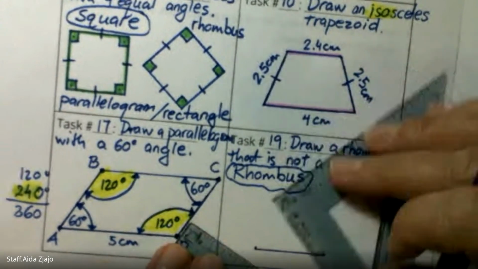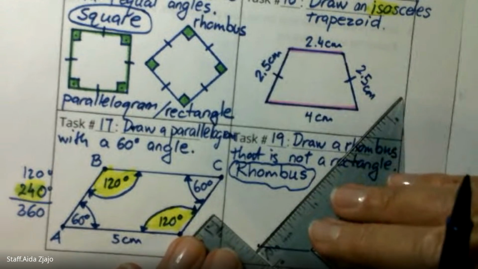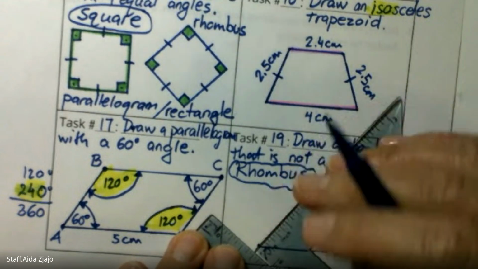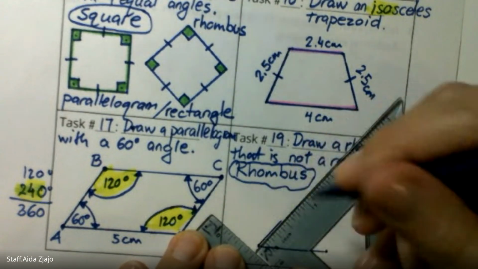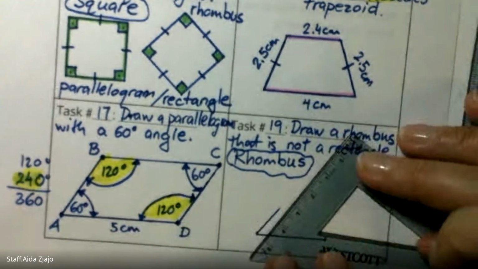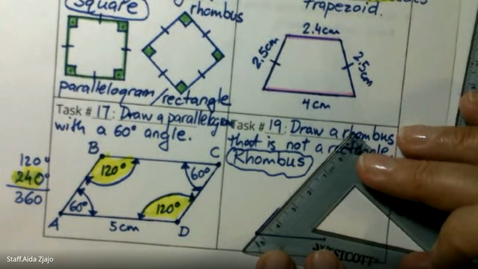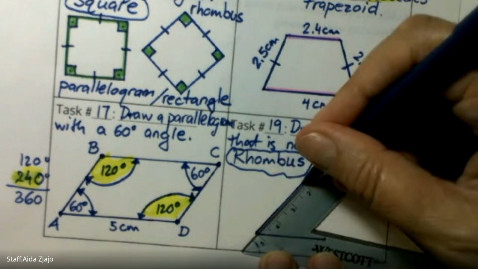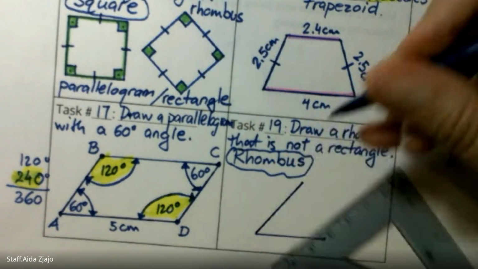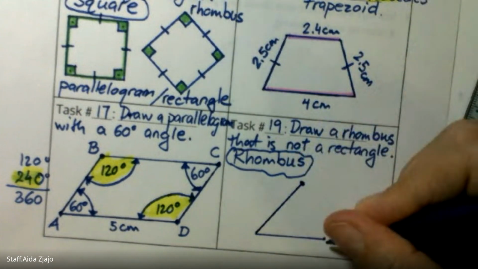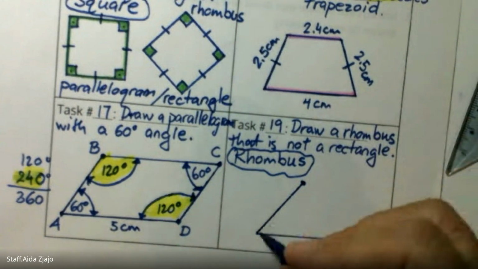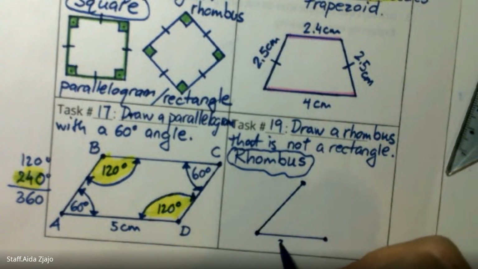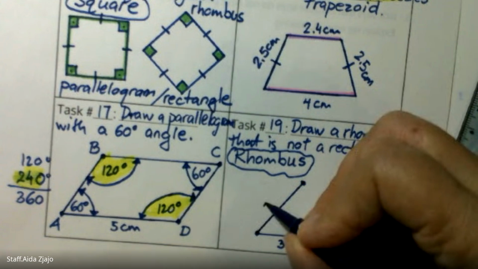I can also do any angle that I wish. So I'm just going to do this right here, but now I'm going to measure 3 centimeters. All right, so 1, 2, 3, 3 centimeters. And I have two adjacent sides of my rhombus, and this is 3 centimeters and this is 3 centimeters.